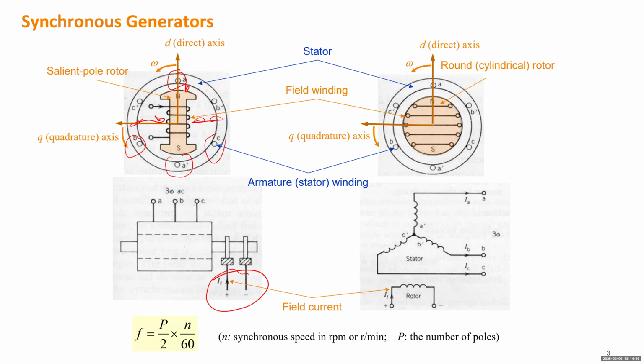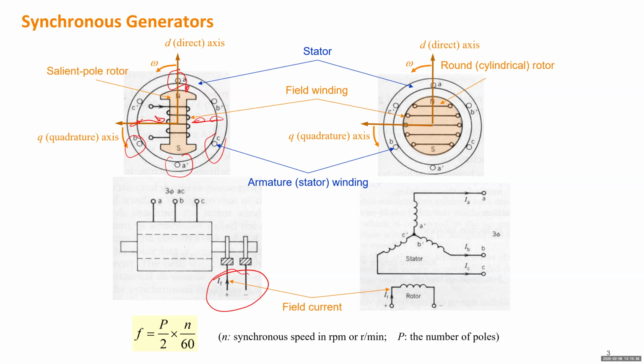The N here has the unit of RPM, or revolutions per minute. If the rotor is revolving at 60 hertz, which means 60 times per second, the speed will be 3,600 revolutions per minute, because it will be 60 times 60. So 3,600 revolutions per minute divided by 60 will be 60. This equation tells us that if P equals 2, the frequency will be 60 if the rotor speed is 3,600 revolutions per minute.